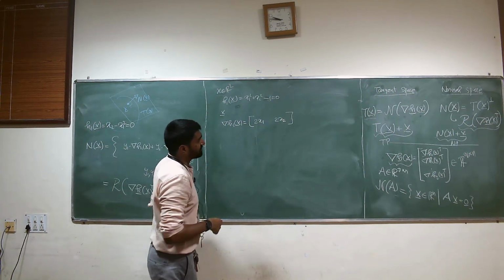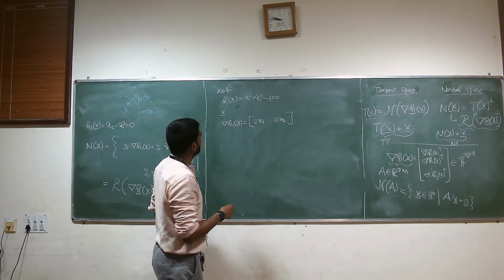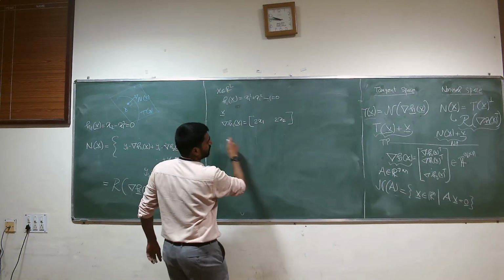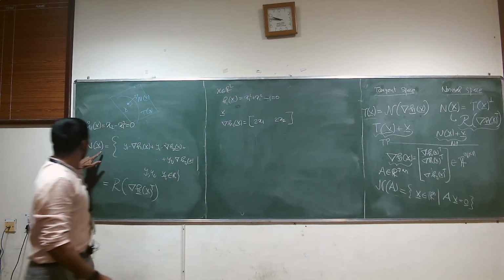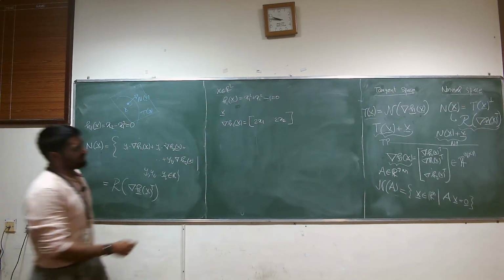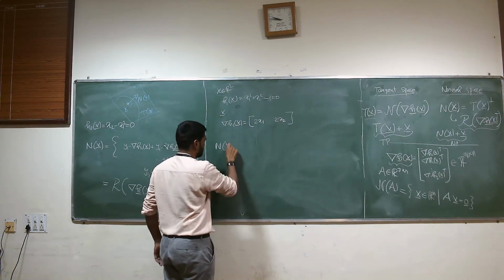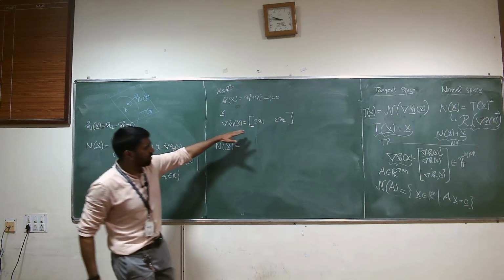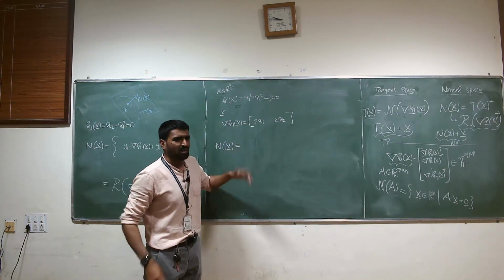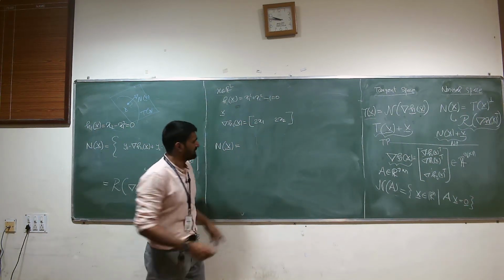If that is the case, how do we find out the normal space? Well, this is probably easier. What is the normal space here? Well, the normal space is the linear combination of all rows. There is only one row. That means linear combination of all possible rows.